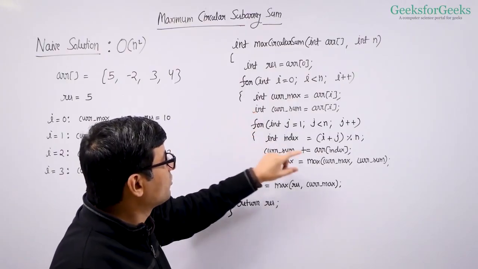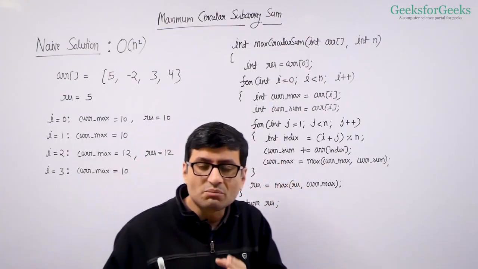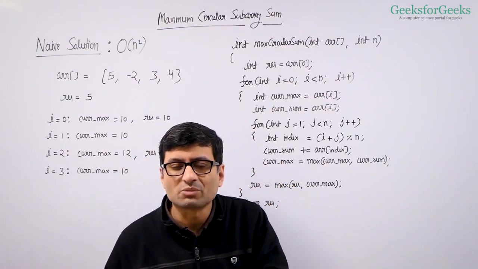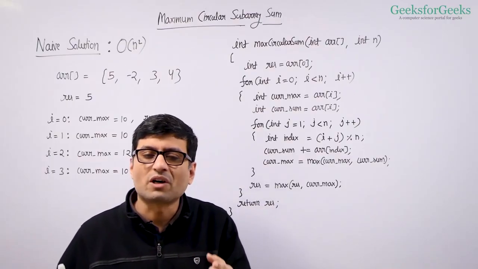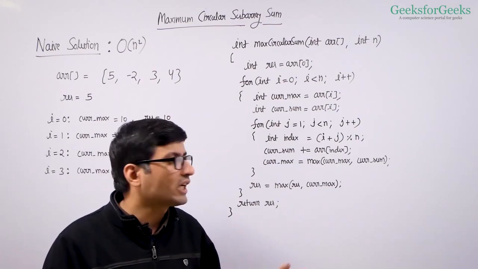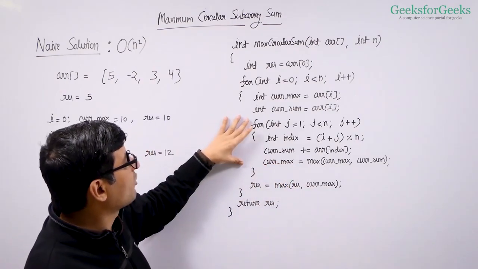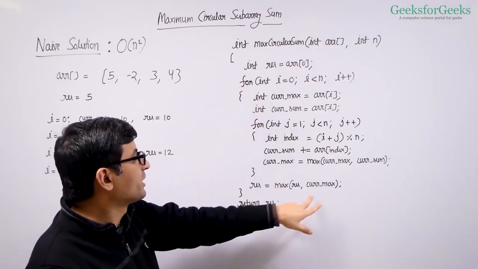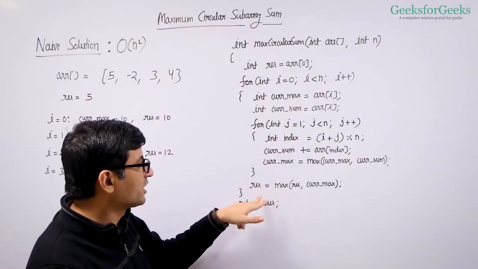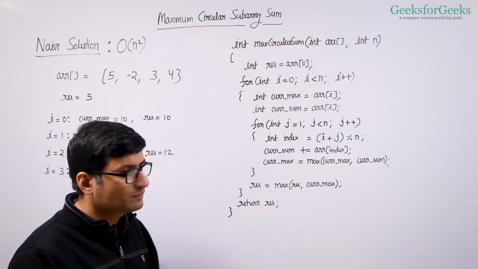Using this index, we find the current sum and then we check if the sum of the current subarray that begins with array[i] is greater than the other subarrays that you have found that begin with i, right? You take the maximum of all these, and once you have found the maximum of all the subarray sums that begin with array[i], you compare this maximum with the result, and if result is less than that maximum, you update the result, and at the end you return the result.